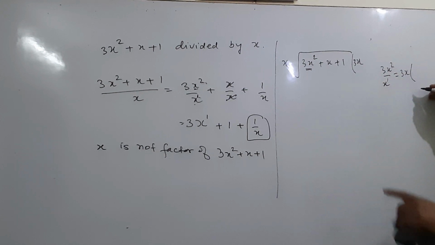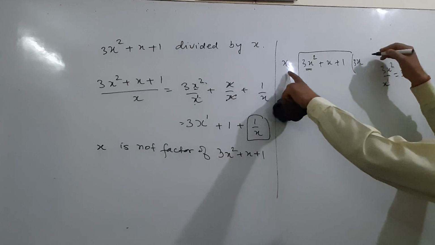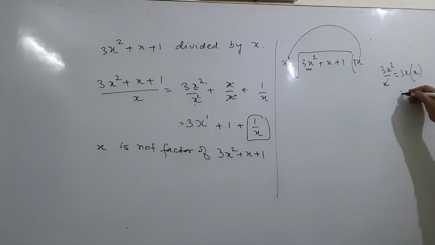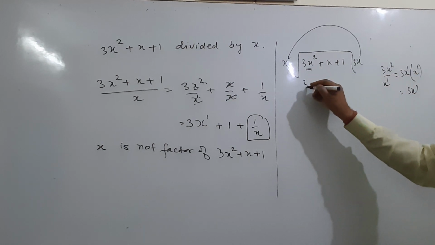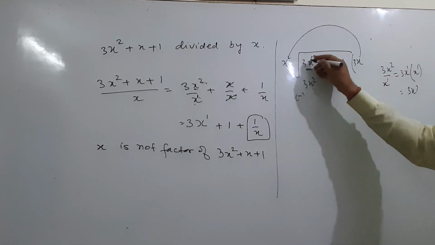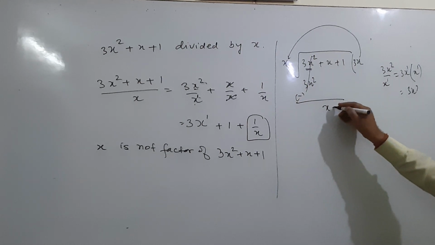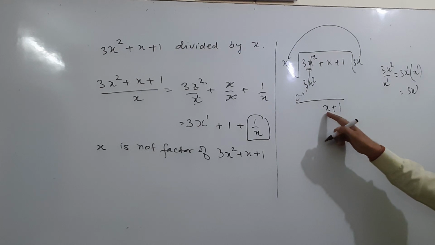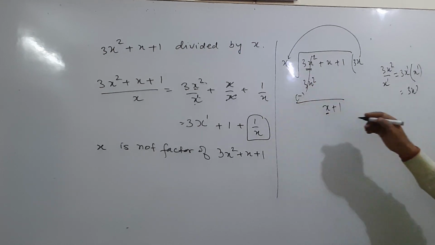And this will multiply to x. 3x multiplied by x will be 3x square. Minus, it will cut. What is left? X plus 1. And again, this x is divisible by x.